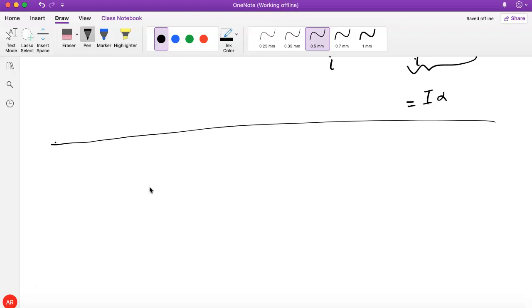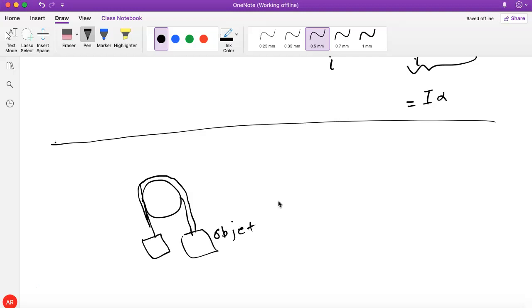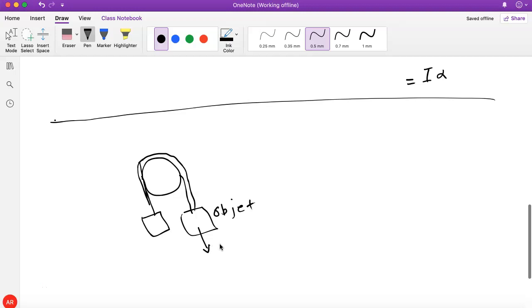So we found, if you have a pulley and a rope around it, and maybe there's some object here, and the rope on the other side does whatever, maybe there's another object, then this object's acceleration is the same as the acceleration of a piece of rope over here, because the rope doesn't stretch or compress.